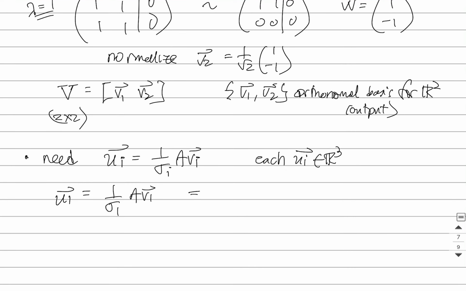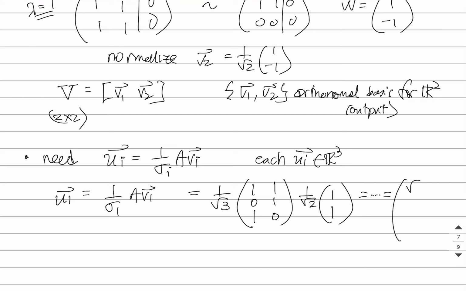So that's going to be 1 over root 3, our matrix A, 1, 0, 1, 1, 1, 0. And now we multiply it by that first eigenvector. And so that's going to produce the following. 1 over root 2, and we'll get a 1 and a 1. You can do this computation yourself here, and you'll find you'll get root 6 over 3, root 6 over 6, and root 6 over 6 again.